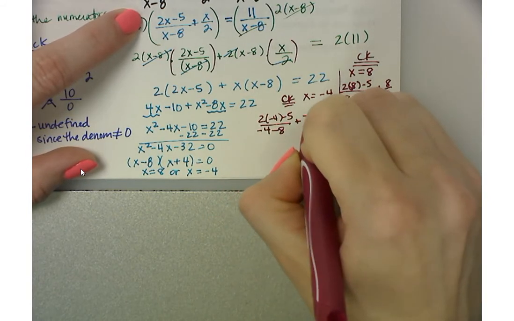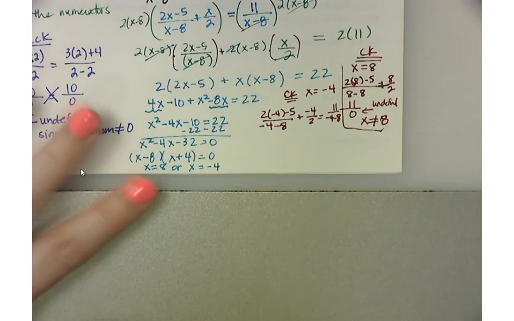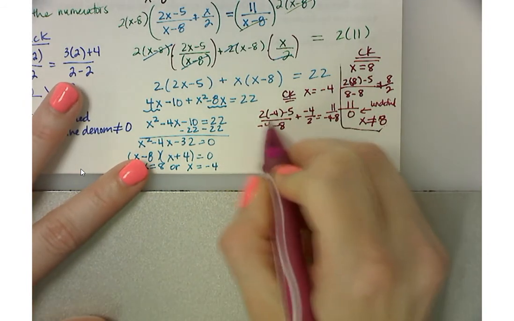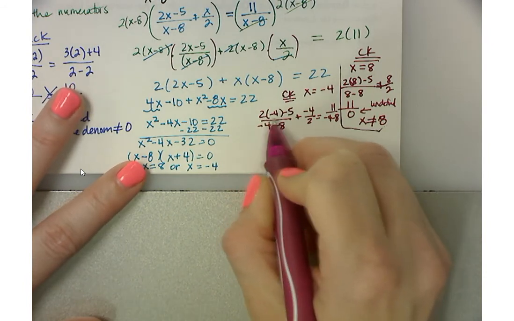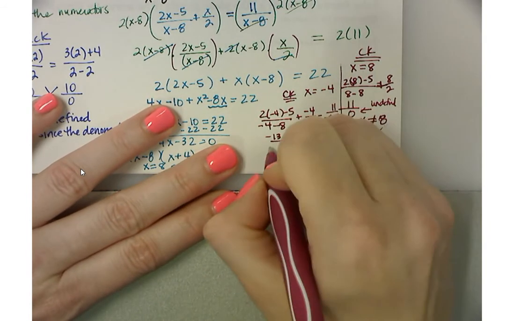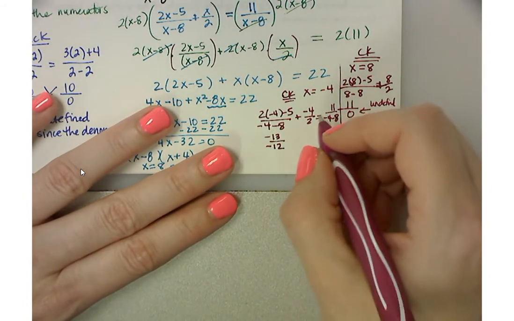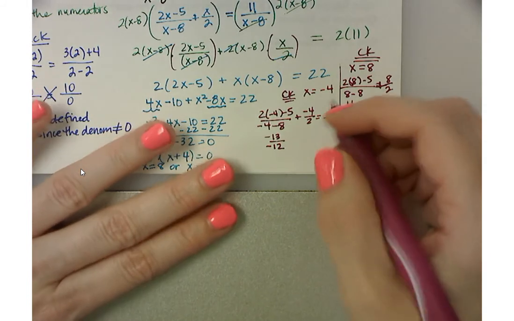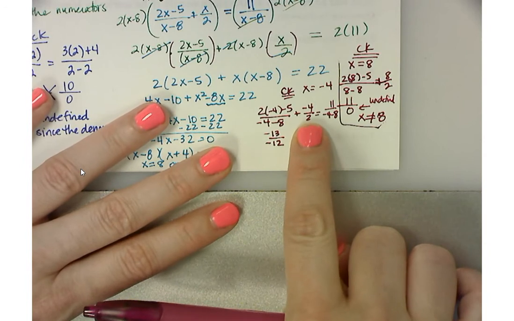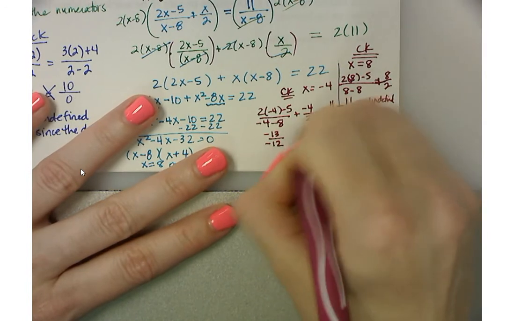Okay, and then once you see that this is negative 12, I would just get your common denominator. So if the denominator is 2 here, what would you multiply by on the top and the bottom? Negative 6. Yep. Let's simplify this first though. So 13 over 12. So I would just multiply by negative 6, because a negative over a negative will be a positive. So that will be negative 24. And then I have 11 over negative 12.